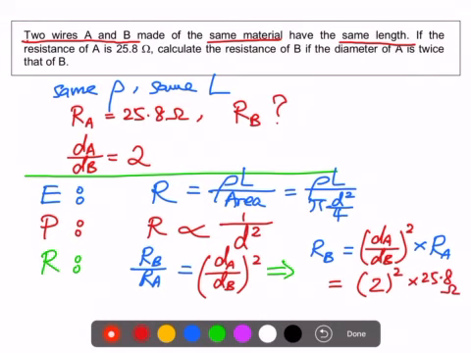So we can use a calculator and determine that this is 103.2 ohms. Okay, so our final answer to 3SF will be 103 ohms, or 100 ohms to 2SF.